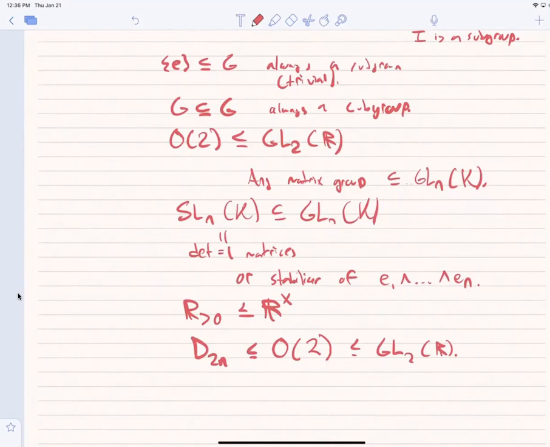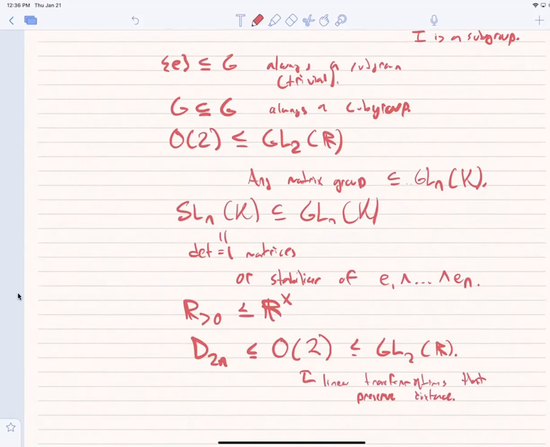This is the thing that stabilizes the notion of distance. These are linear transformations that preserve distance. Because preserving the standard inner product is the same as preserving the standard notion of distance, since you define distance using that inner product.